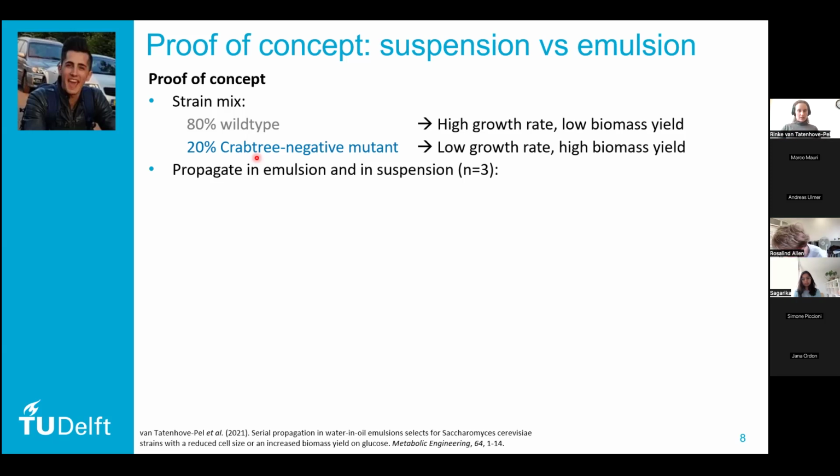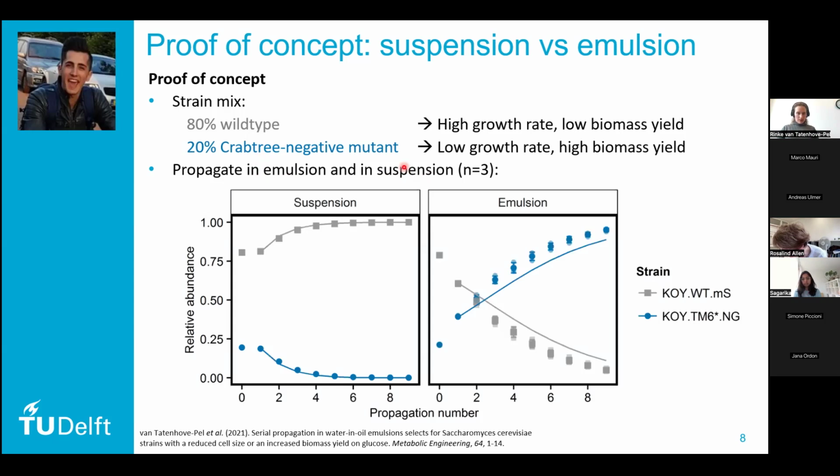So we had this mixture, and what we did is we propagated it both in a spatially structured environment and in a non-structured environment. And what we saw is that in suspension, so in the non-structured environment, indeed, the wild type strain with the fast growth rate is enriched. We also predicted how fast this enrichment would be.